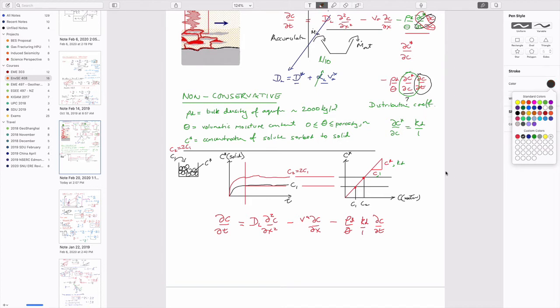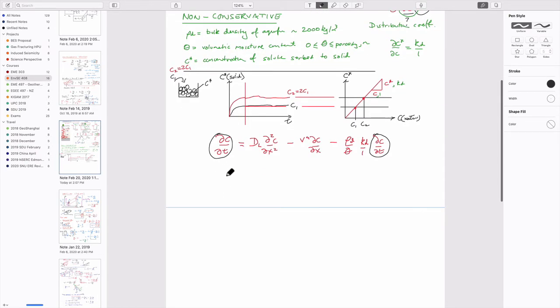And so the idea of doing that is that now this term here and this term here are the same. And so I can now just rewrite that as rate of change of concentration with time is equal to 1, which is this term, plus this term here, and bulk distribution coefficient, and is equal just to the regular right-hand side: minus advective velocity times dc/dx.